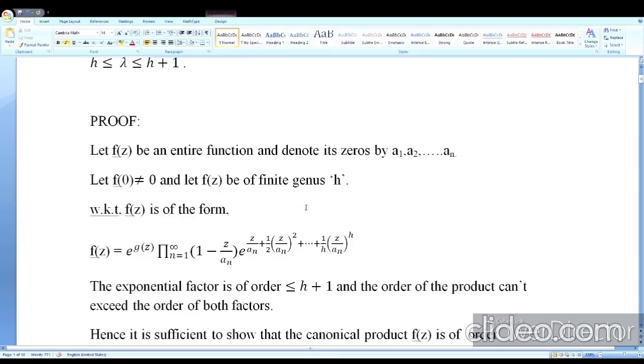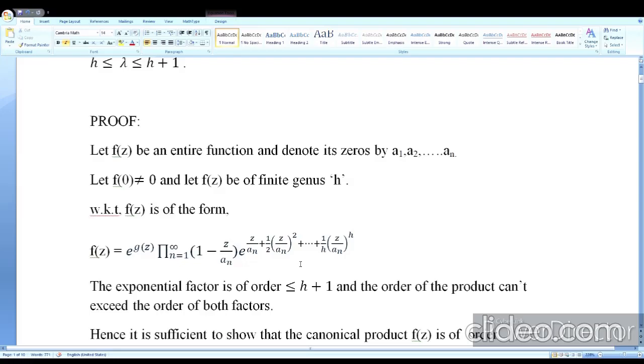Now the exponential factor is of order less than or equal to h + 1. And the order of the product cannot exceed the order of both the factors.